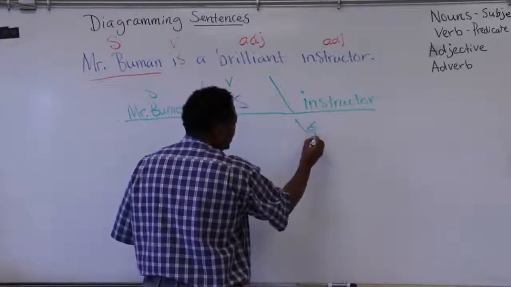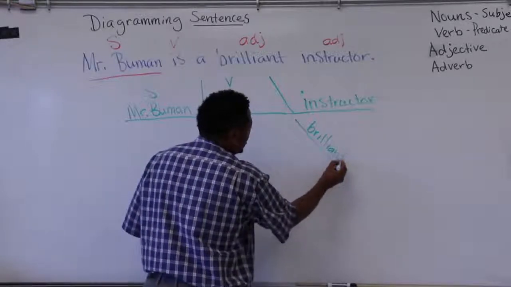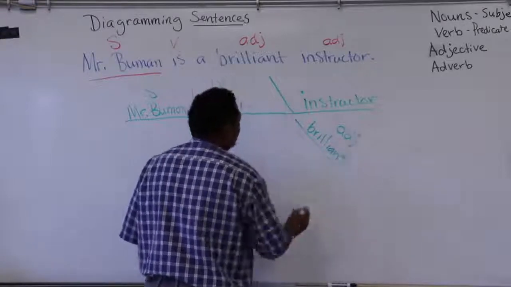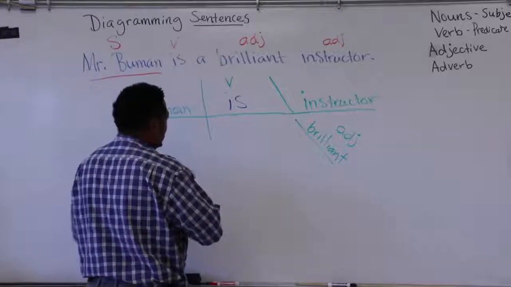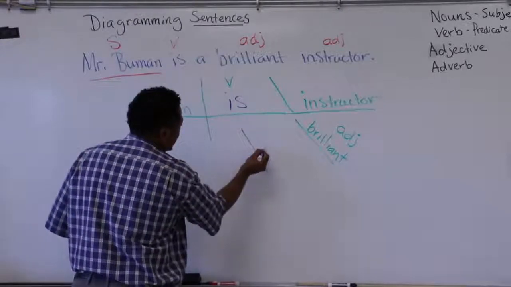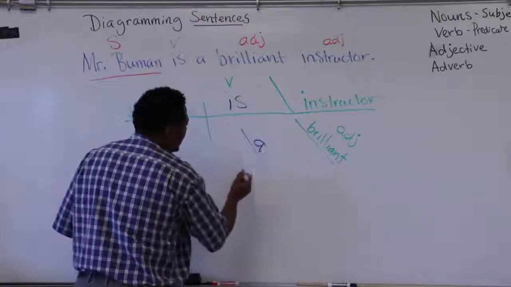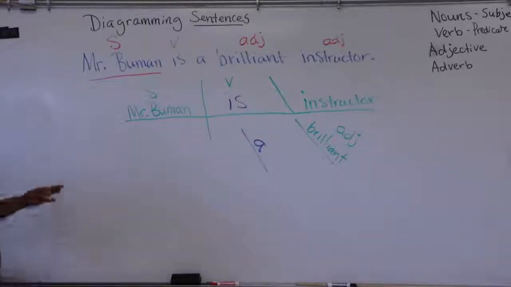So brilliant is the adjective. And then a is an article. Okay?